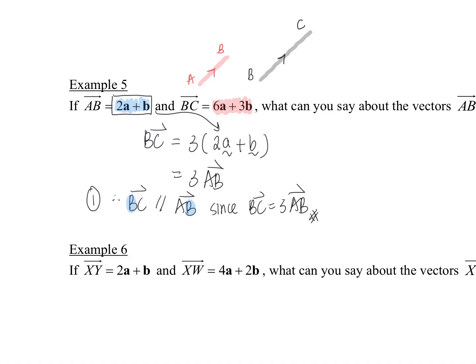This length, or the proportion of it, is 3 times the red line. The black line is 3 times of the red line. But because they share a common point B, this point cannot appear at 2 different places, right? It's not like you can superimpose or teleport from one point to the other. These 2 points must lie at the same place, right?